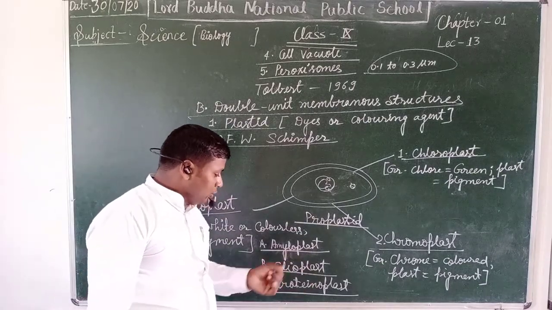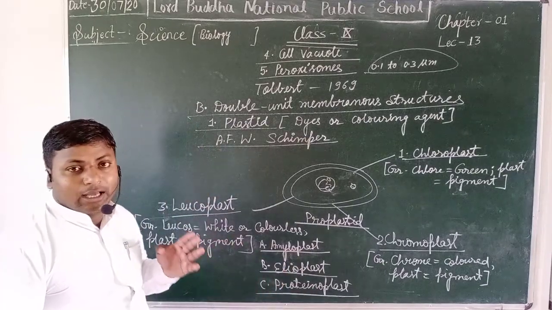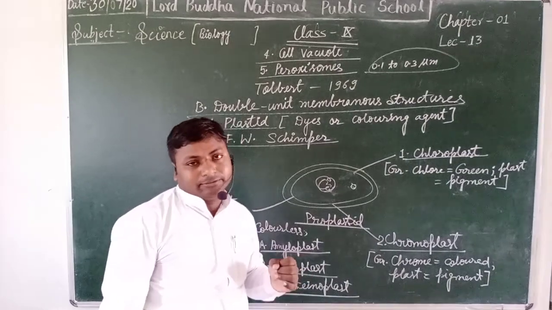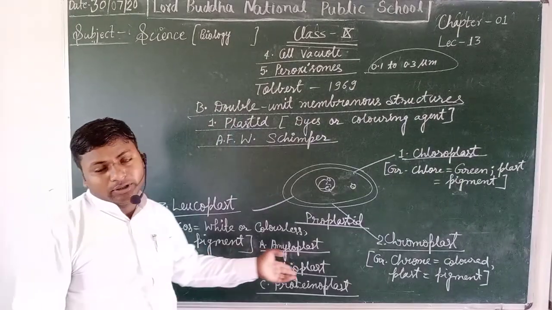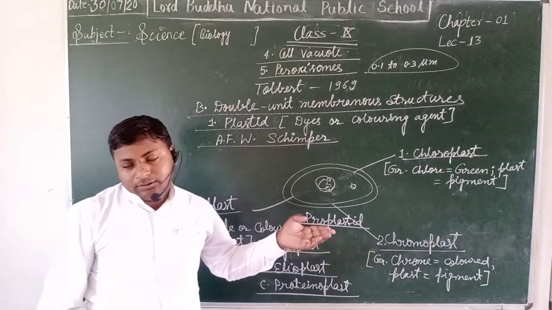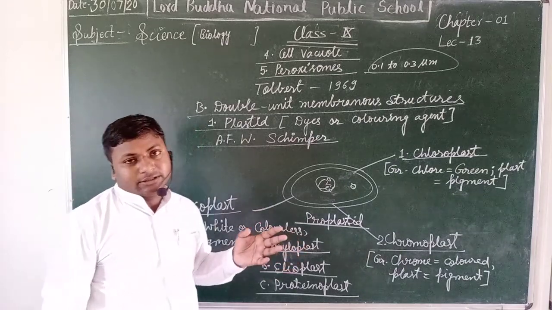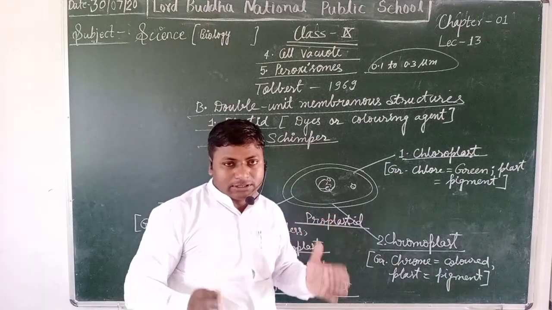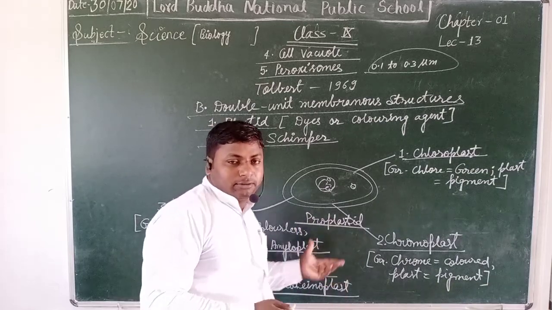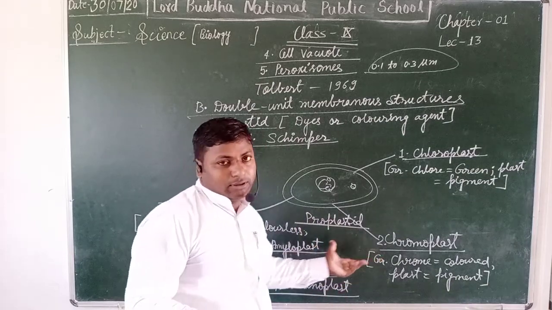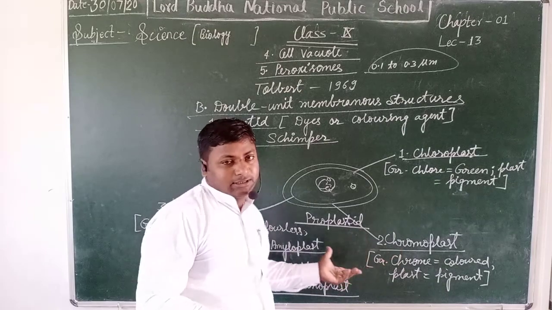Next, elaioplast. The term elaio means lipid. It means they are found in oil-yielding seeds, for example mustard, groundnut, sunflower and various other seeds.